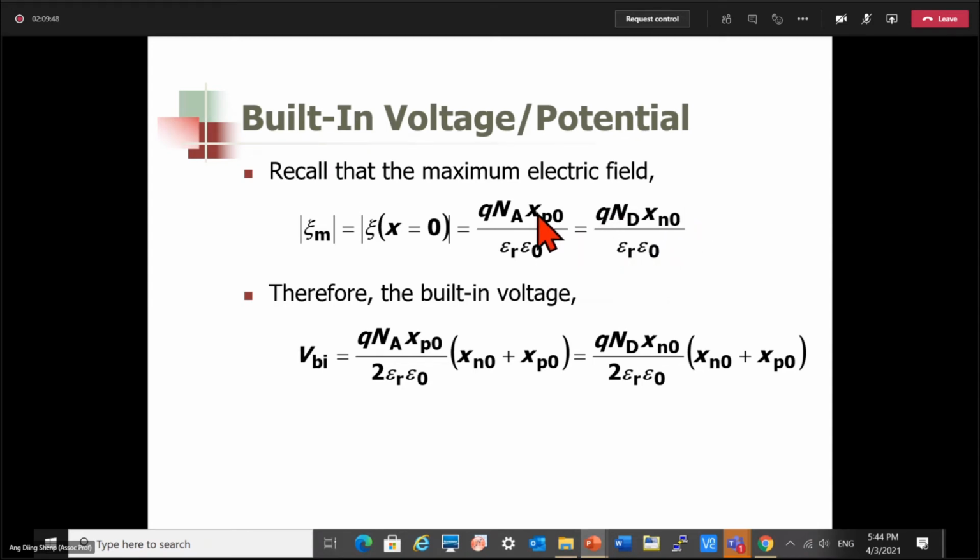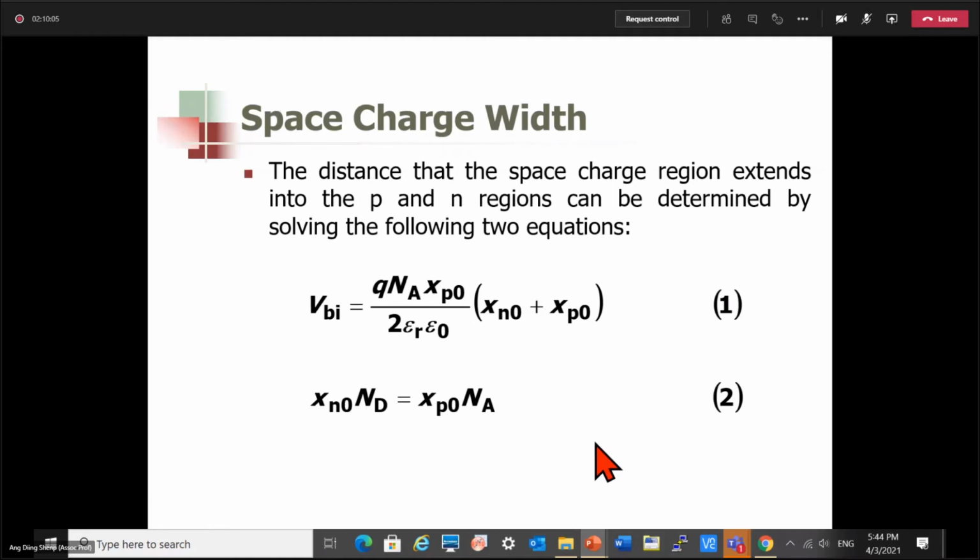The two are equal by space charge balance consideration. So therefore, I can write the built-in voltage either like this or like this. Okay, so the two must be equal, right? Now, so that gives me one equation that relates VBI to xn0 and xp0.